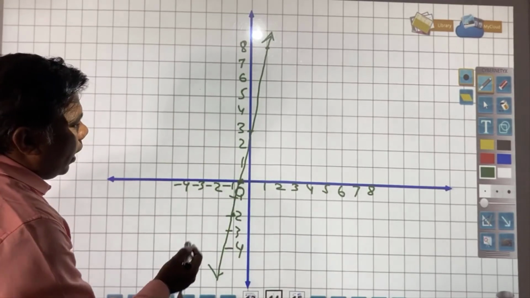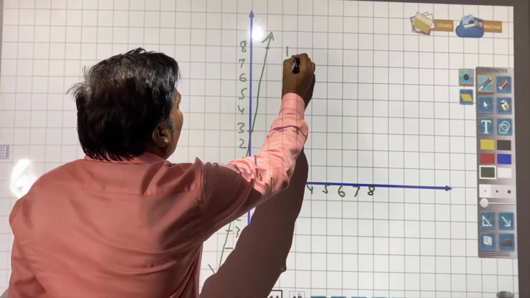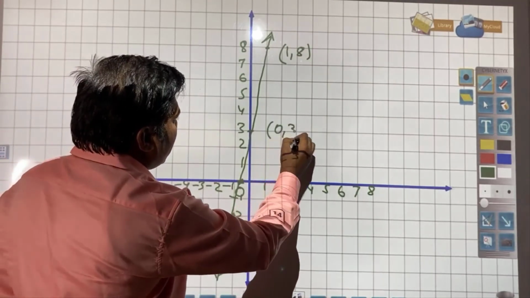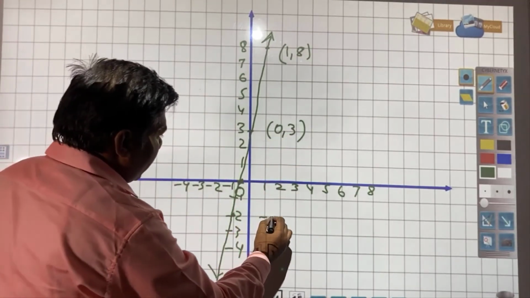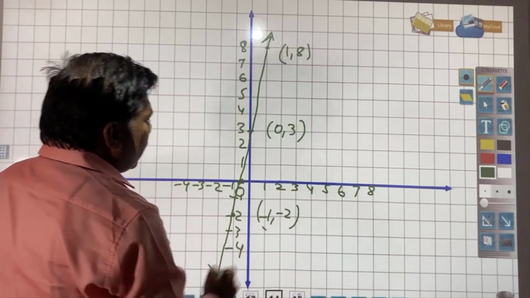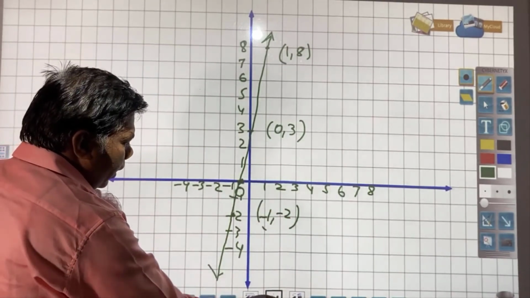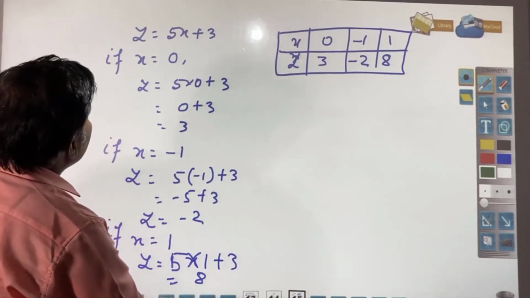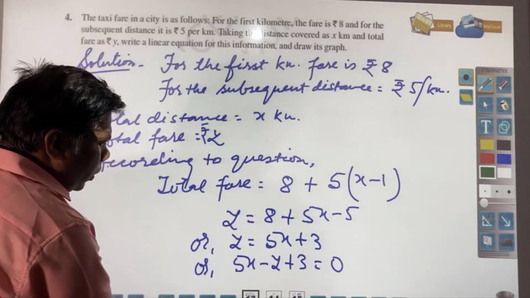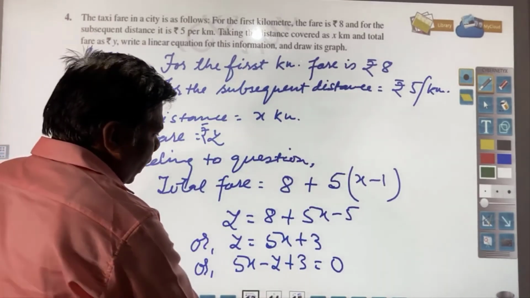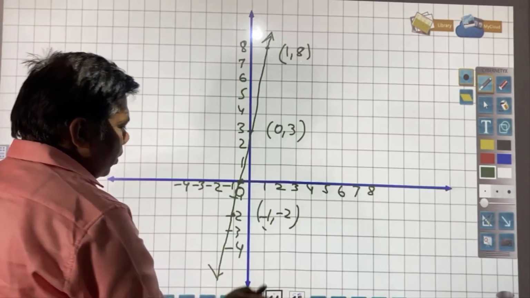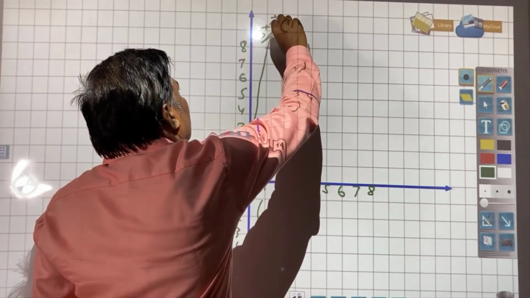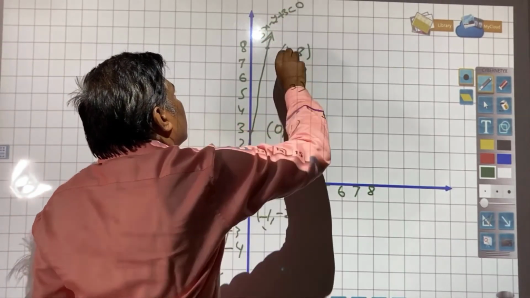Your coordinates are, here you have 1 and 8, here you have 0 and 3, and here you have minus 1 and minus 2. And this equation, y is equal to 5x plus 3, you can write 5x minus y plus 3 is equal to 0.